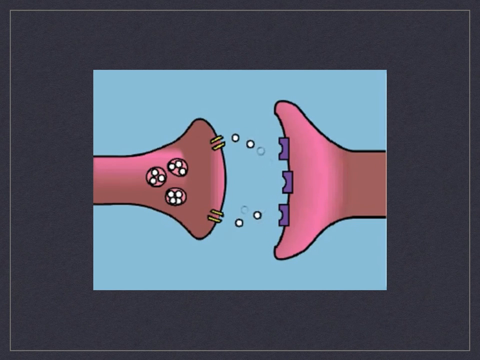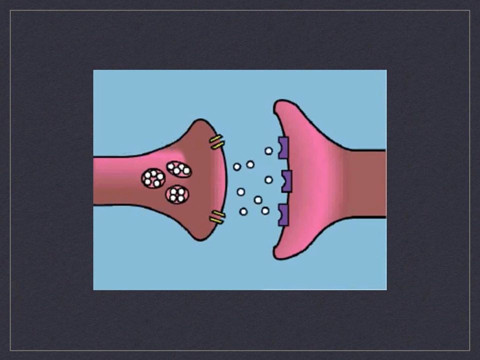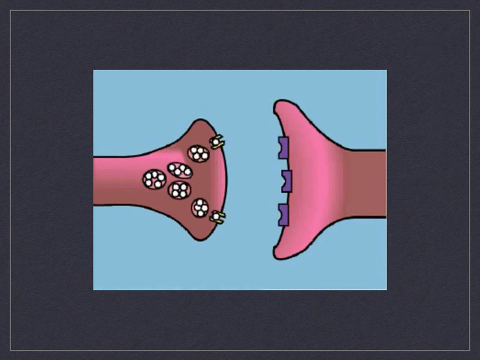Some of the neurotransmitter is degraded by enzymes in the synaptic space, and some of the neurotransmitter is carried back into the presynaptic neuron through transporter proteins. The neurotransmitter that is taken back up into the presynaptic neuron is then repackaged into vesicles that can be released the next time an action potential reaches the axon terminal. The entire process repeats each time an action potential reaches the axon terminal of the presynaptic neuron.